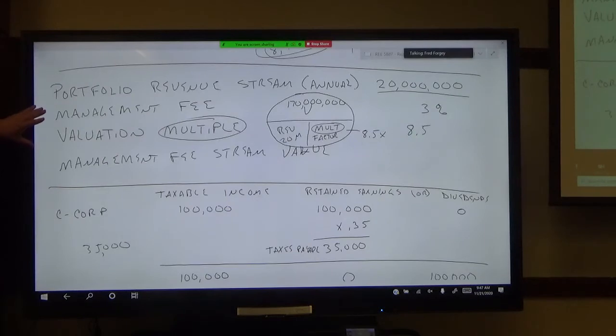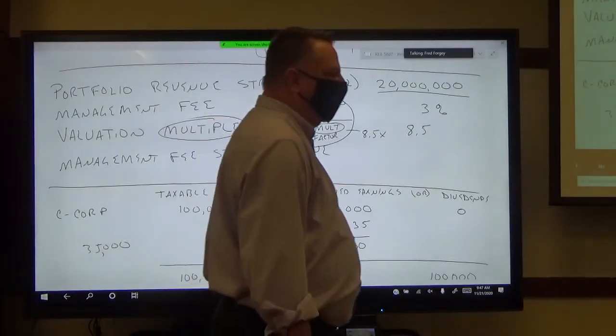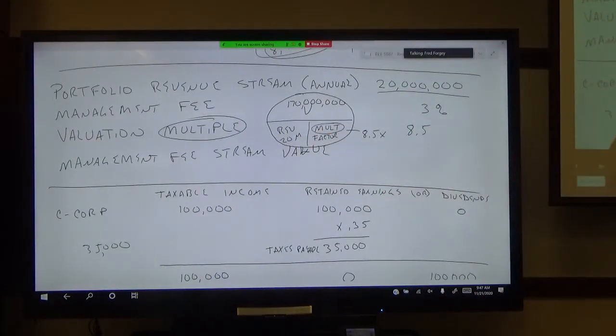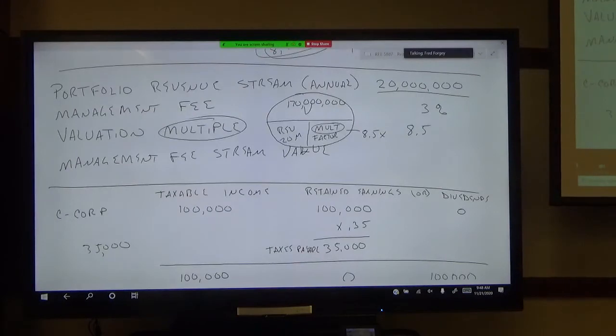Okay, so we come back over here, and what we're going to ask you to solve is, well, what is the value of this management fee stream? So in other words, if we are awarded the rights to manage this portfolio of real estate, how much are we going to get? Well, our management fee is dependent on the size of the portfolio.